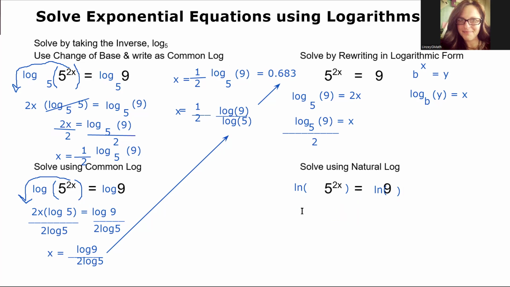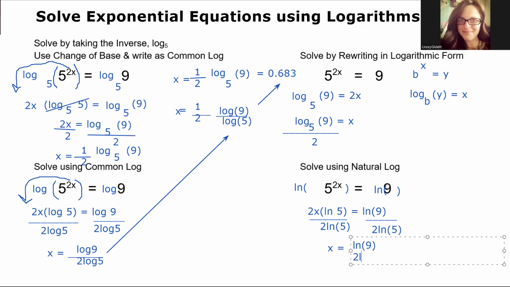Let me be consistent in my natural logs here: 2 times x natural log of 5 equals natural log of 9, and then divide both sides by 2 natural log of 5, and we're left with x is equal to natural log of 9 divided by 2 times natural log of 5, which is once again equivalent to our decimal solution, so depending on what you're looking for.